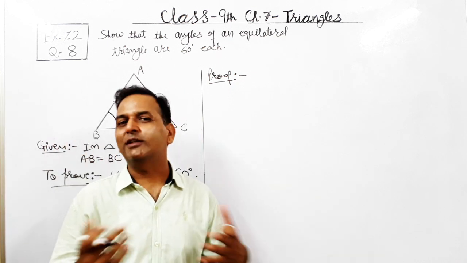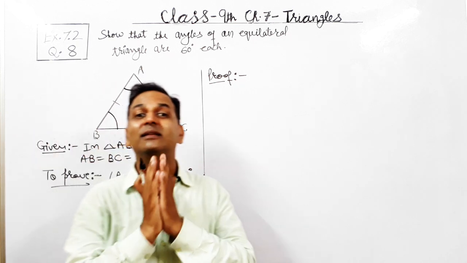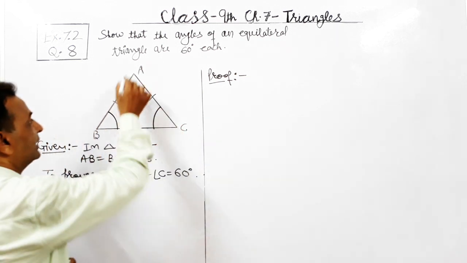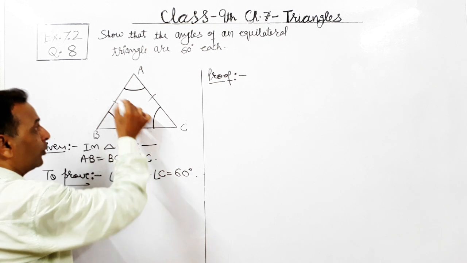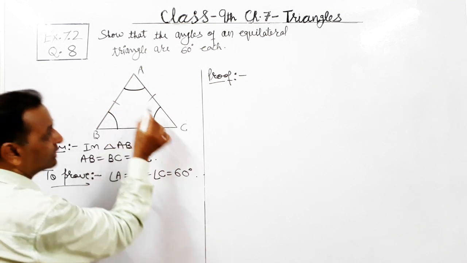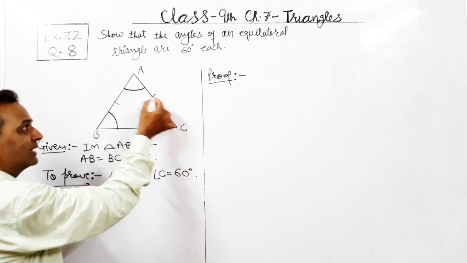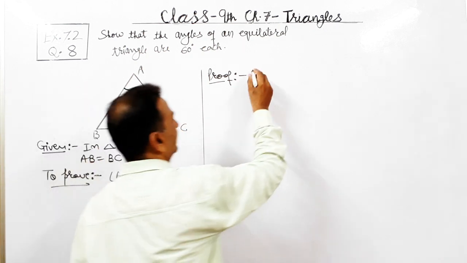According to theorem 7.2, if two sides of a triangle are equal, then their opposite angles will also be equal to each other. So if AB and AC are equal, then the angle opposite to the side AB, that is angle C, and the angle opposite to the side AC, that is angle B, will be equal to each other.